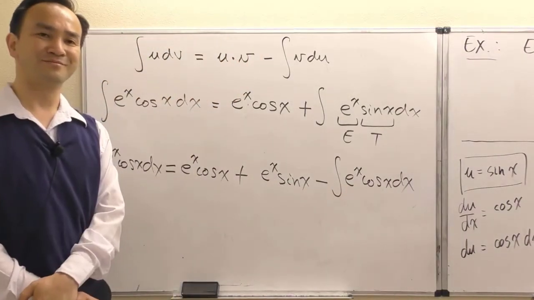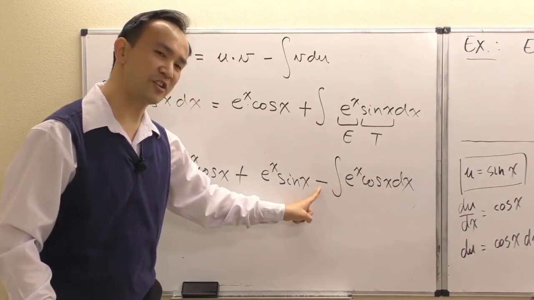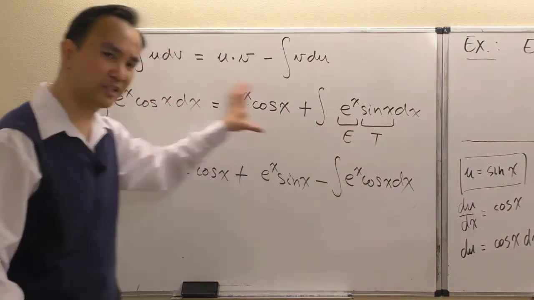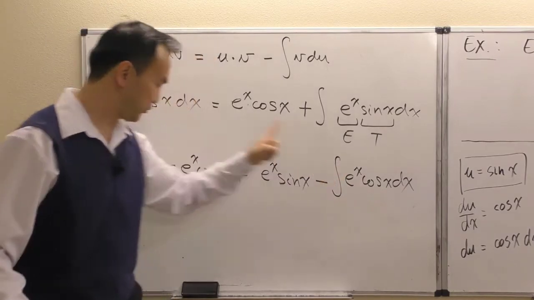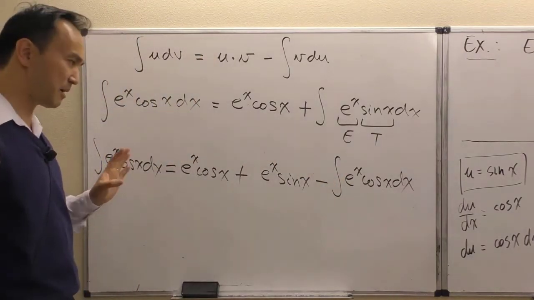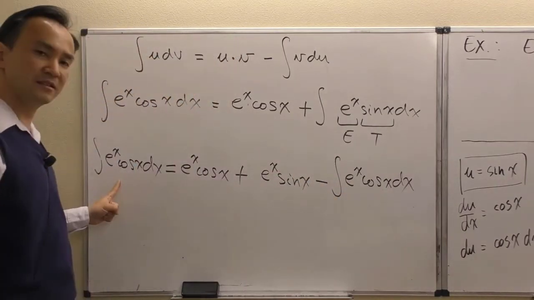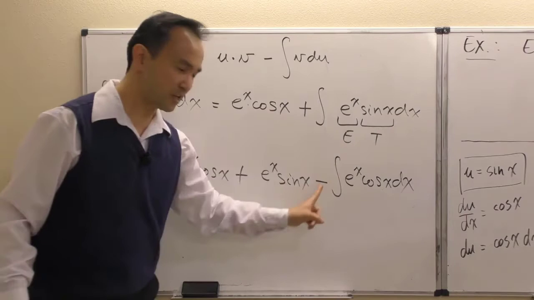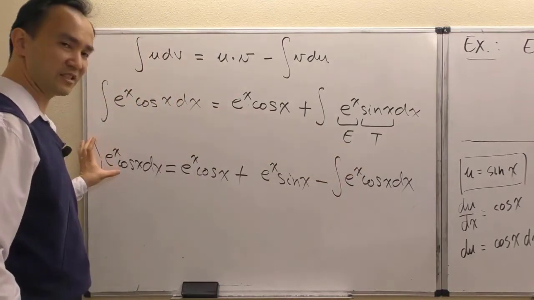Since it has a subtraction sign right here, I'm going to add this term to the opposite side. My observation was that this term is the exact term of that, but on the opposite side it has the negative sign. So I'm adding that term to that left side.